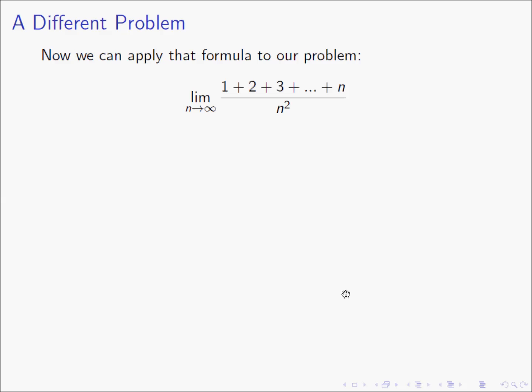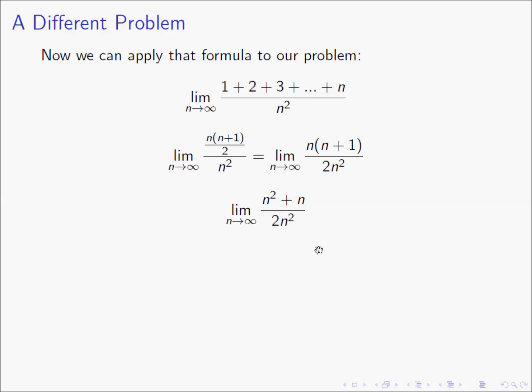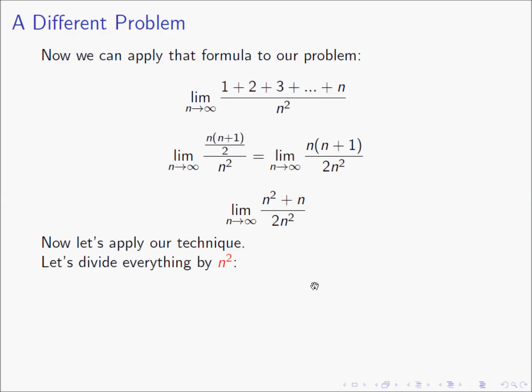We have this limit, but we can write the numerator like this using our formula. And we can write this like this, and we can expand this product. And now we're ready to apply our basic technique. The greatest exponent here is 2, so we divide everything by n squared, and it looks like this.